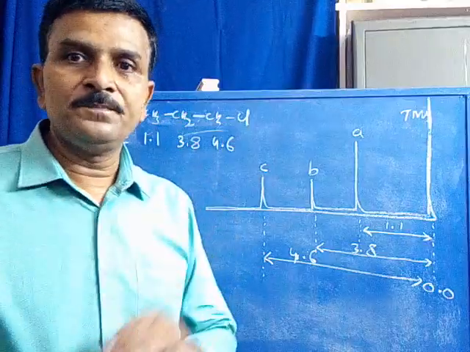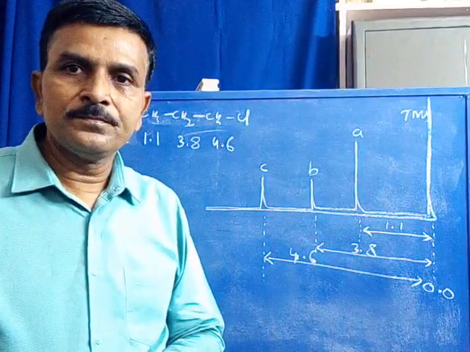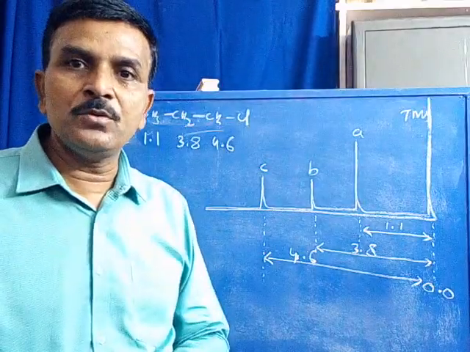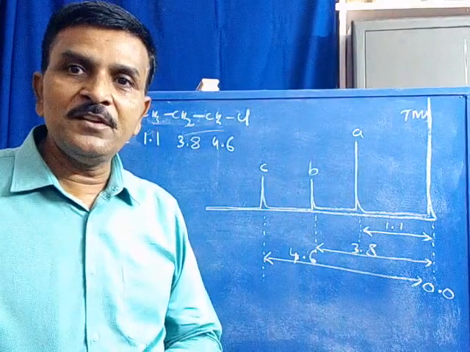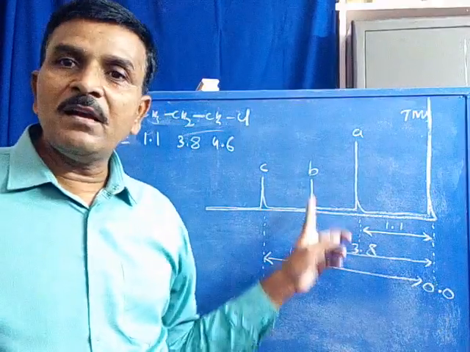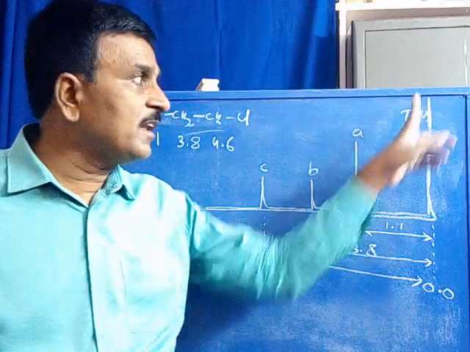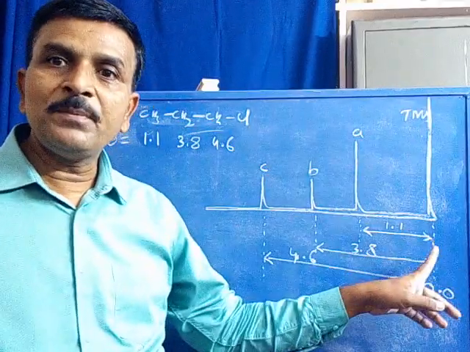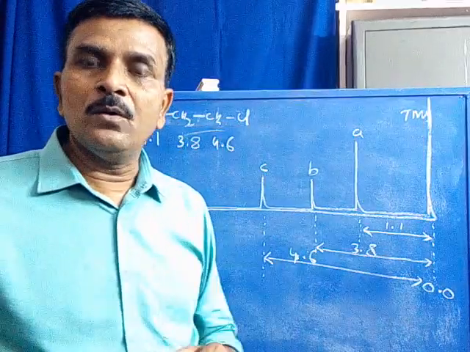Imagine if we had not mixed the TMS into the sample, what happens? We don't know the position of the 0.0 frequency. Therefore, we may not calculate. Therefore, if we mix in the TMS and its signal is present in the spectrum, we can predict its position as 0.0.